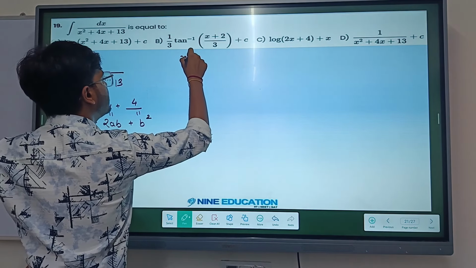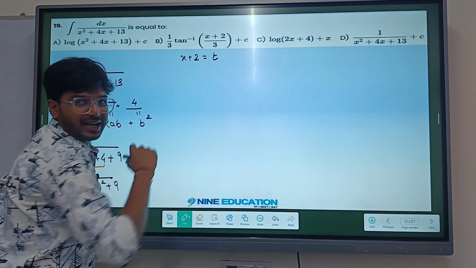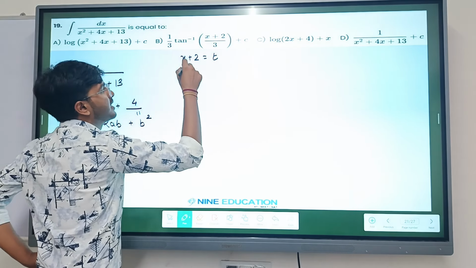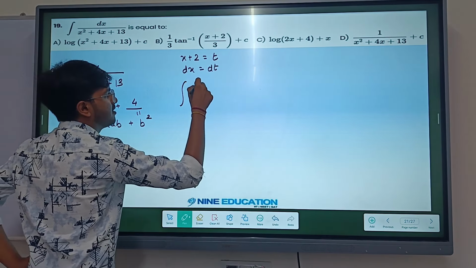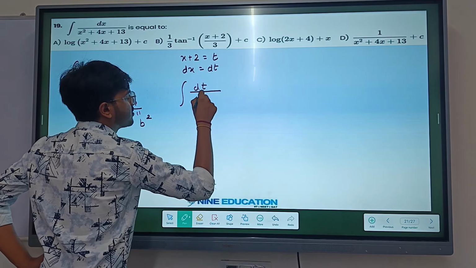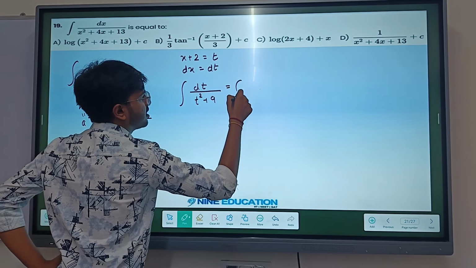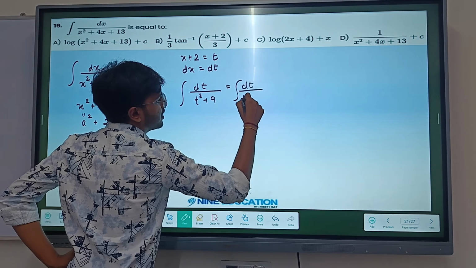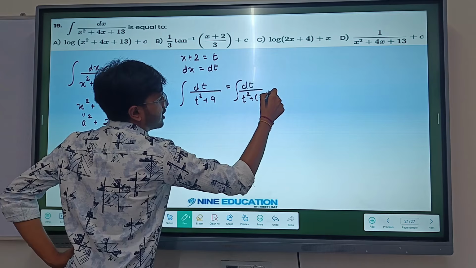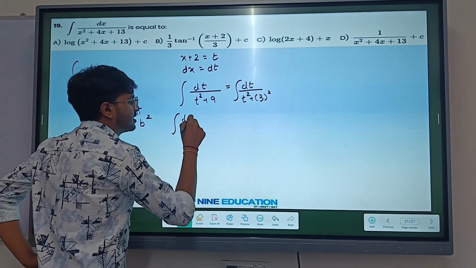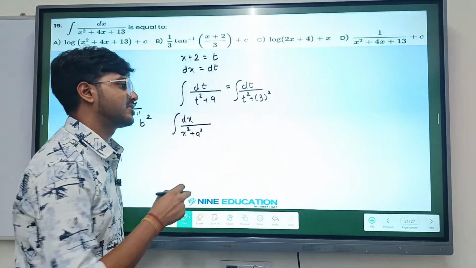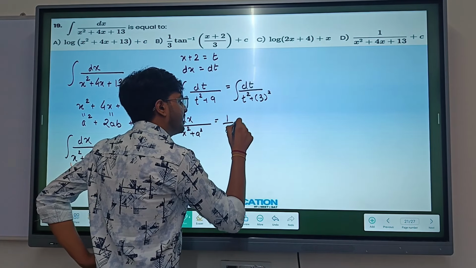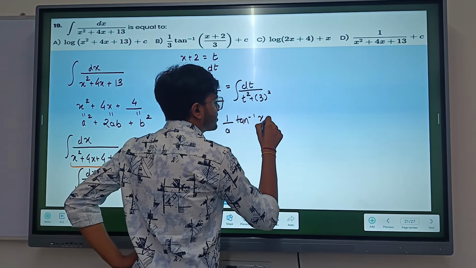So basically I can substitute x plus 2 as t, so dx would be dt. So I'll have the integration of dt by t square plus 9, or the integration of dt by t square plus 3 square. Now I can use the formula: integration dx by x square plus a square is 1 by a tan inverse of x by a.